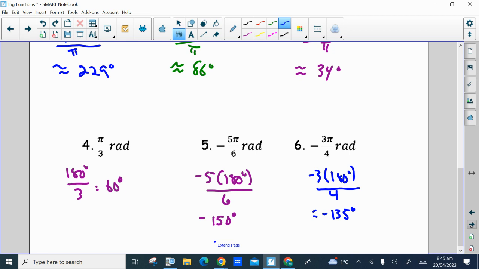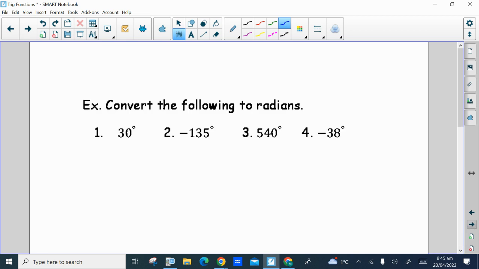Okay? Now, if you want to convert from degrees to radians, again, we know that pi radians is equal to 180 degrees. So in this case, we would divide both sides by 180 degrees. And that'll give us that 1 degree equals pi over 180 radians.